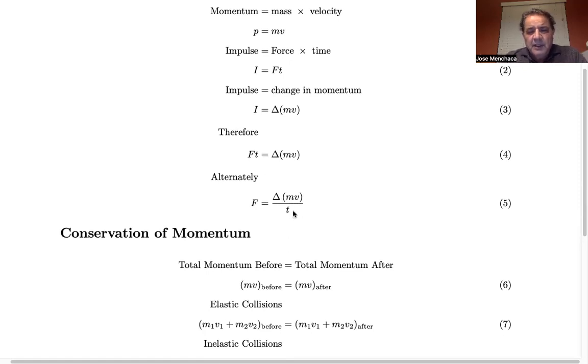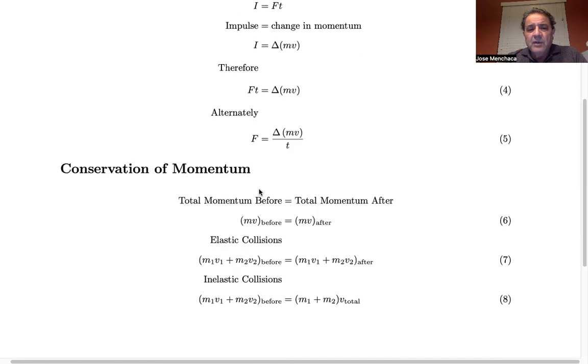If you recall, force is inversely proportional to the time, since time is in the denominator. If we increase the time, we decrease the force. If you decrease the time, you increase the force.